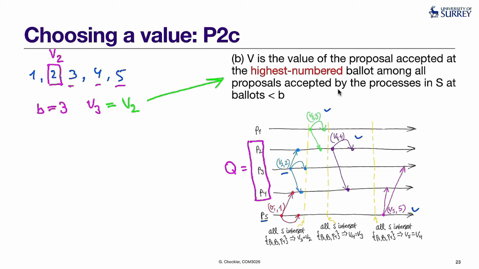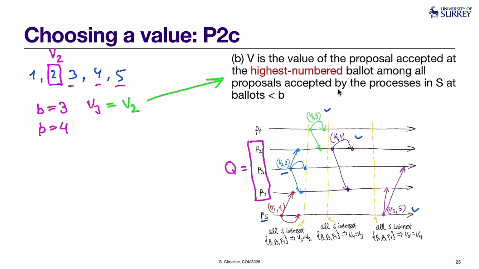So now let's move to the next ballot, B4, and let's see what proposal can be issued by the leader of ballot 4, which is P2.